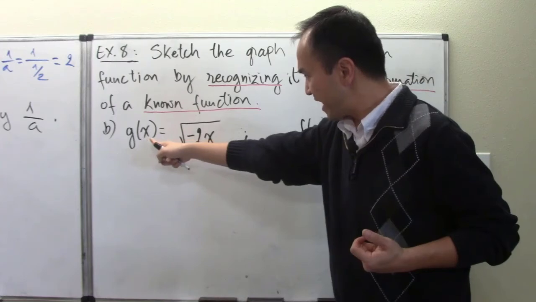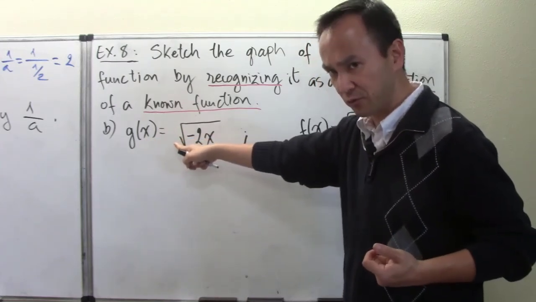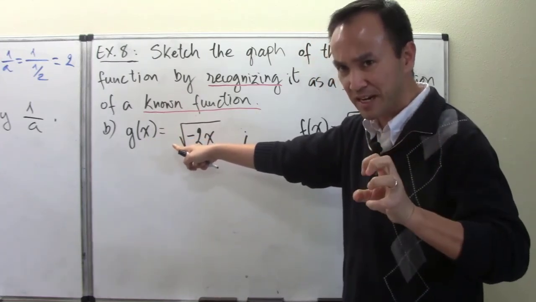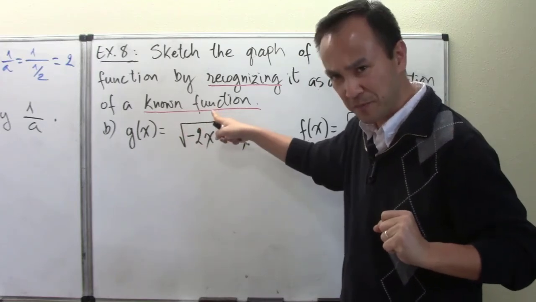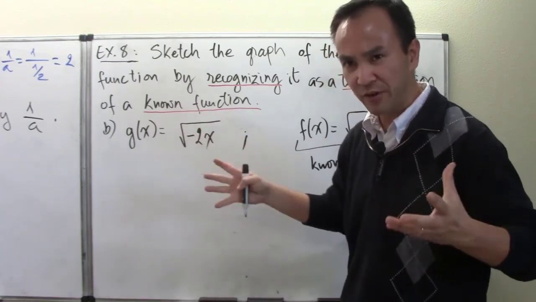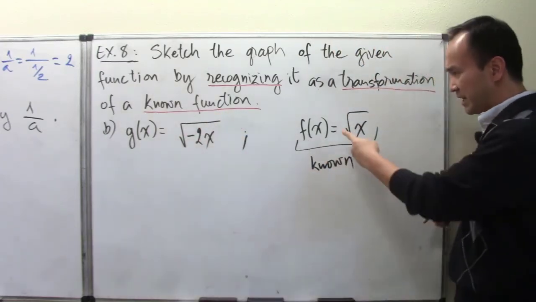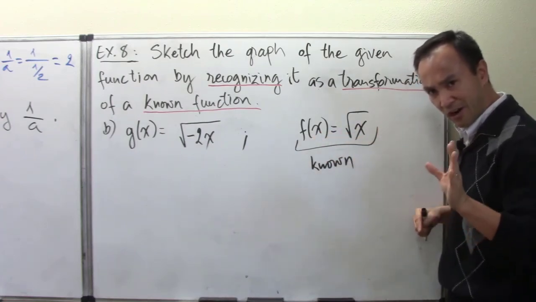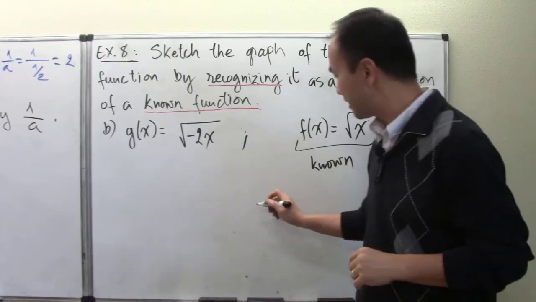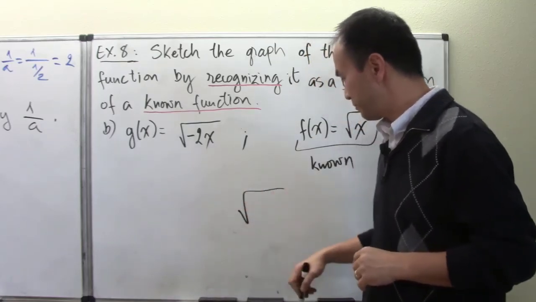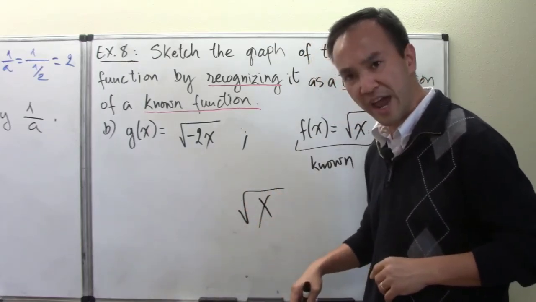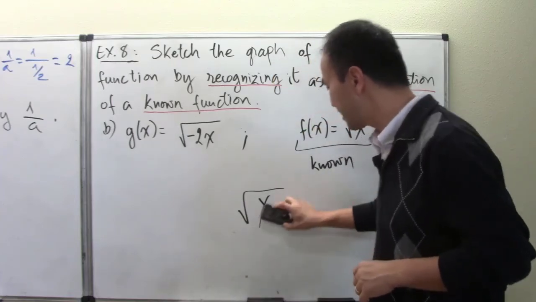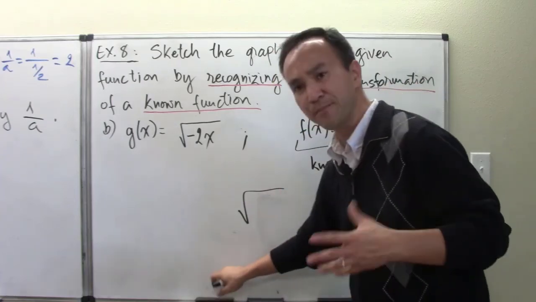Here's how I'm seeing it. The rule that really grabbed my attention here was the square root, and inside of the square root is whatever we give to the square root. Here f of x has square root as the rule. So mathematically it's a square root, but instead of taking the usual x, we are taking an expression instead of just a simple x.